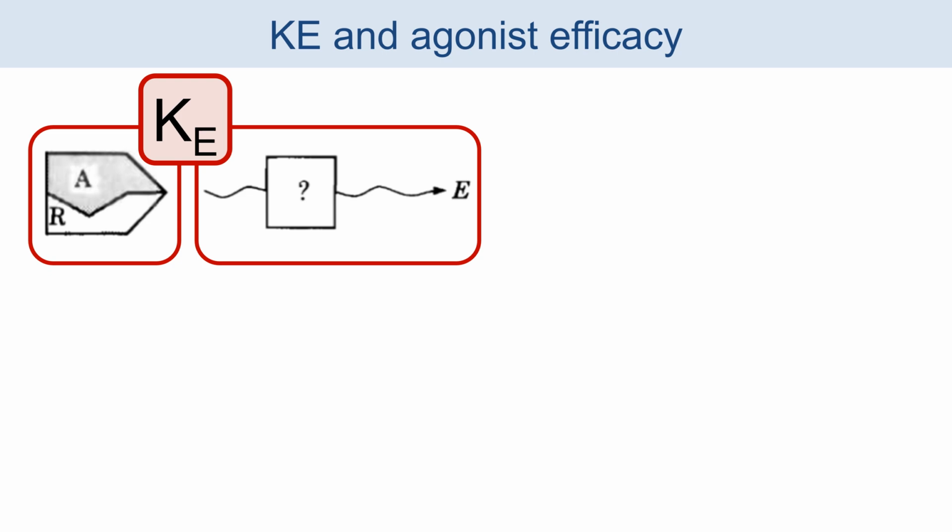This means Ke is dependent on the agonist that is bound to the receptor. Ke is the agonist efficacy parameter in the operational model. Specifically, Ke is the amount of agonist-receptor complex required to produce an effect that is 50% of the system maximum effect.